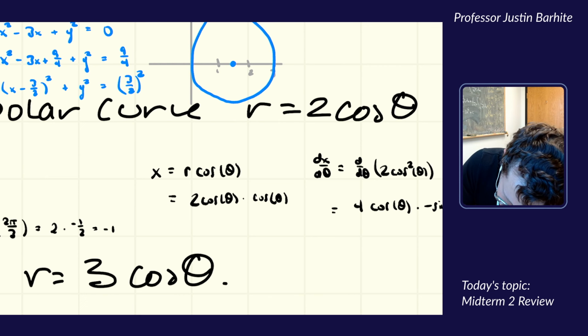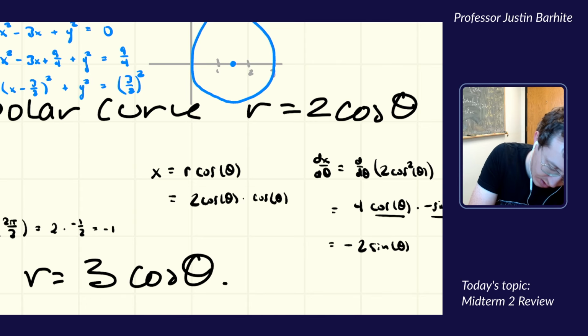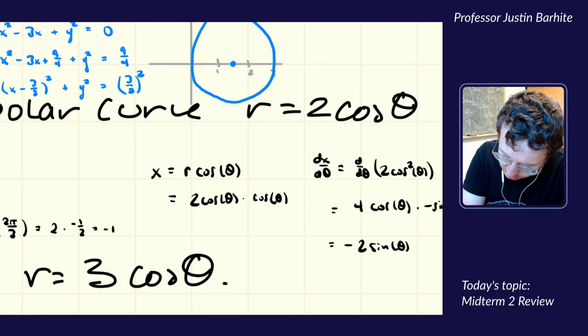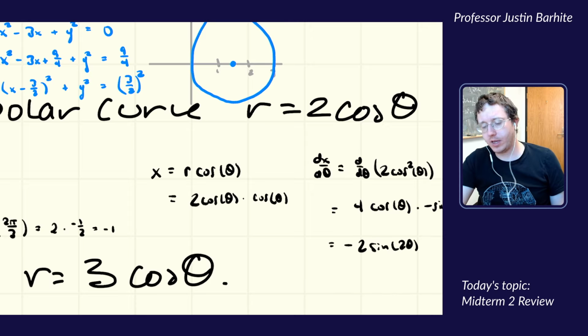And again, I'm going to use that trig identity just to simplify this a bit. This is minus 2. It's not necessary. You could plug in theta for both cosine and sine. Sorry, that's 2 sine of 2 theta. Minus 2 sine of 2 theta.